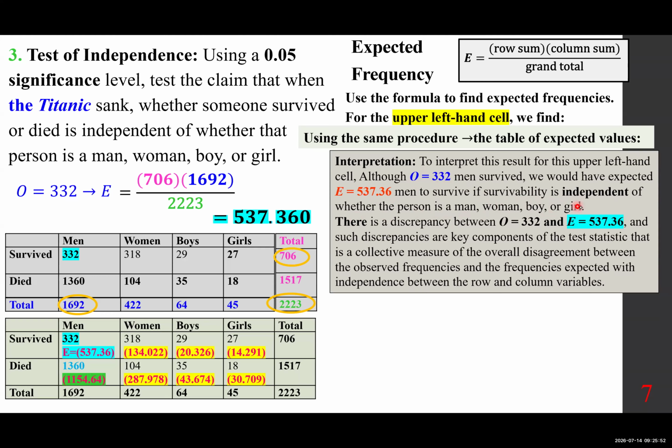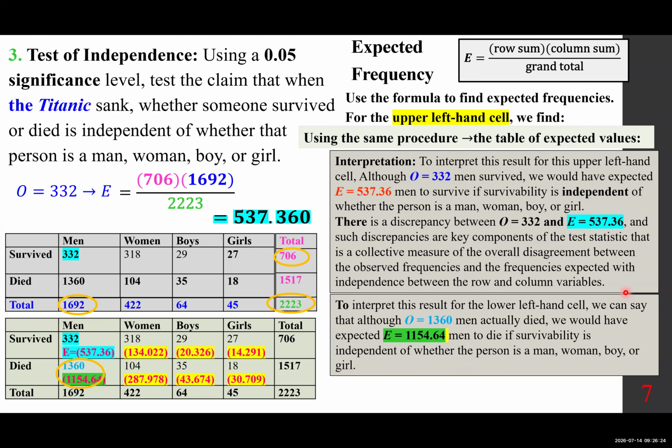So being able to survive and being a man or a woman or a boy or a girl, if they are independent. There is a discrepancy between these two values. And such discrepancies are key components of the test statistic, that is a collective measure of the overall disagreement between the observed frequencies and the frequencies expected with independence between the row and column variable.